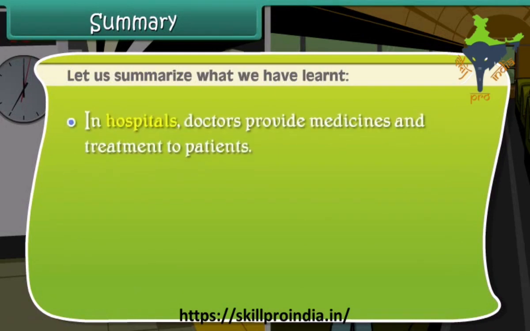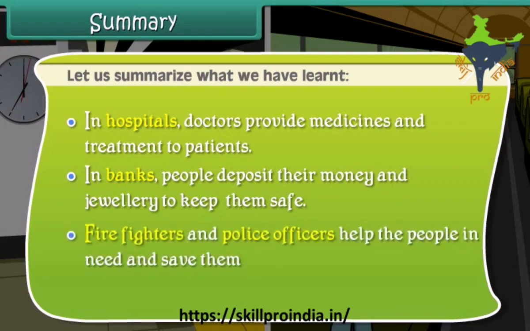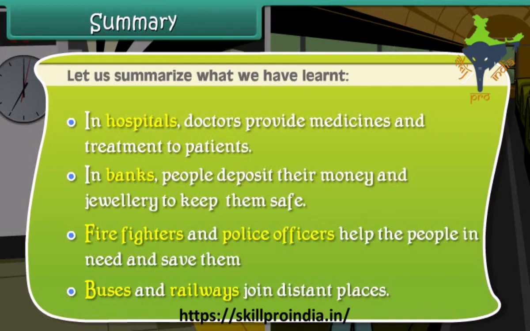In hospitals, doctors provide medicines and treatment to patients. In banks, people deposit their money and jewelry to keep them safe. Firefighters and police officers help the people in need and save them. Buses and railways join distant places.